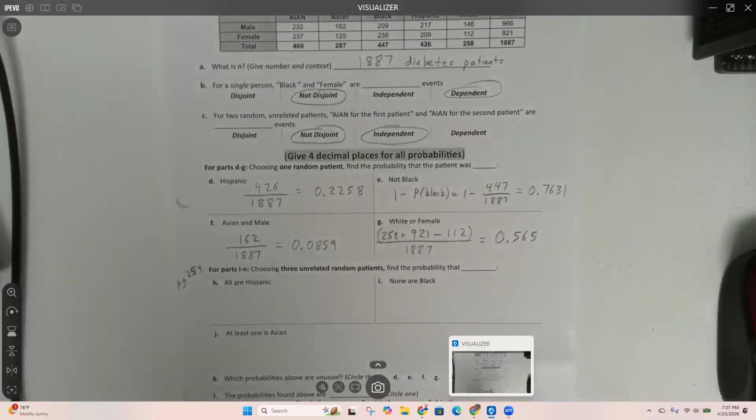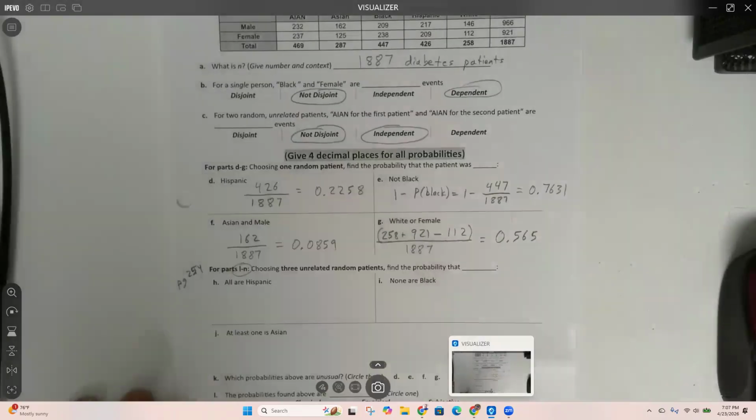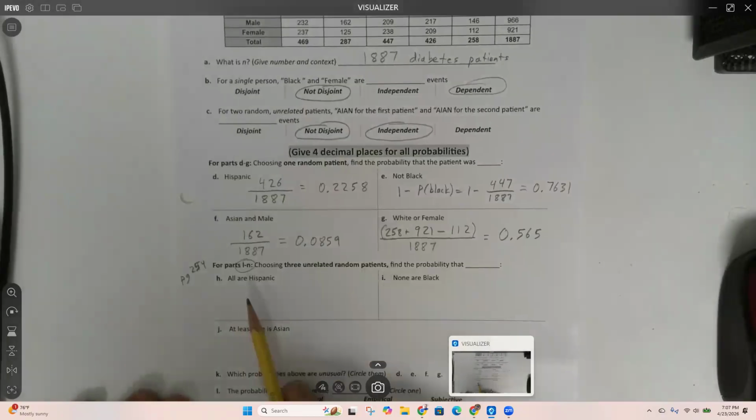For parts H, I, and J, this is a typo. Sorry about that. We're going to choose 3 unrelated random patients. That means that they're independent. Find the probability that all are Hispanic.